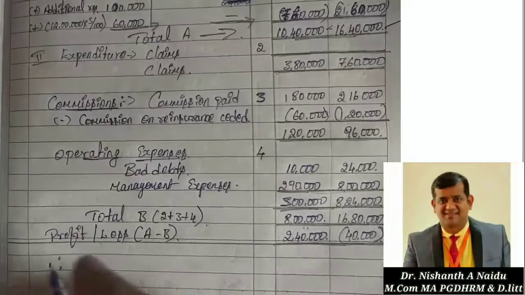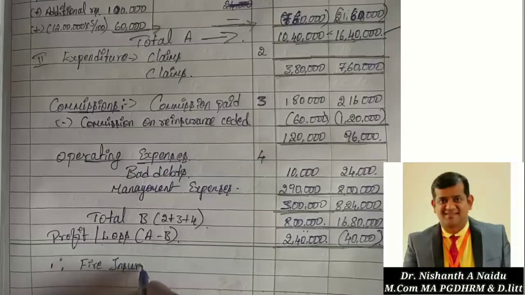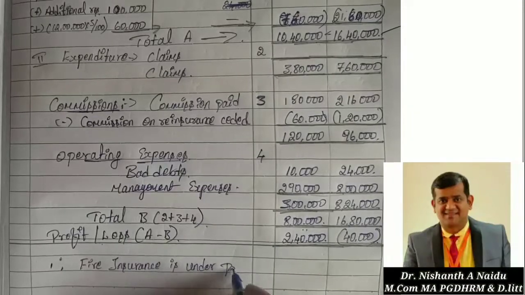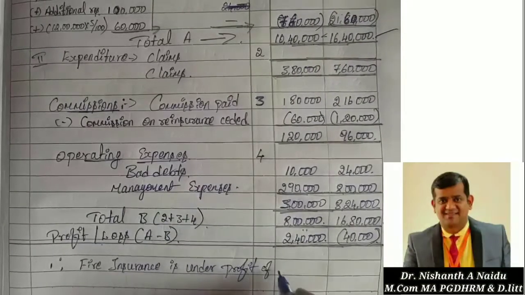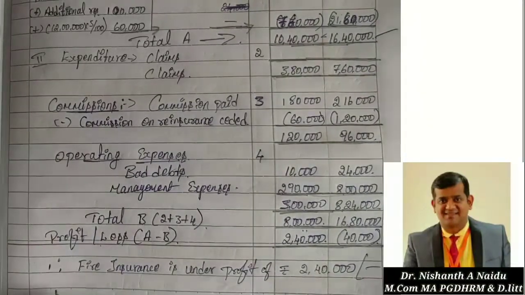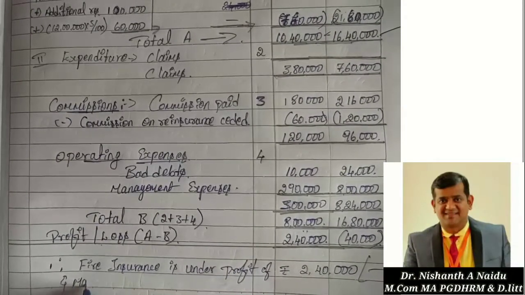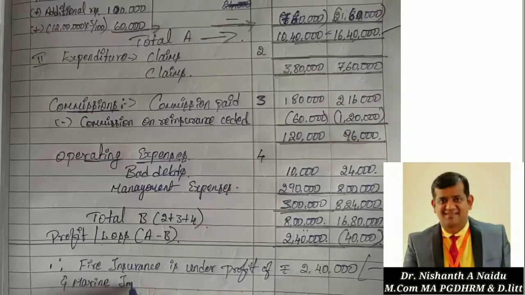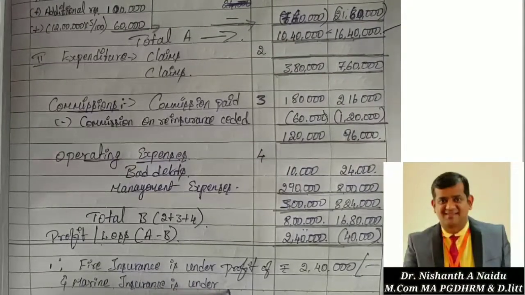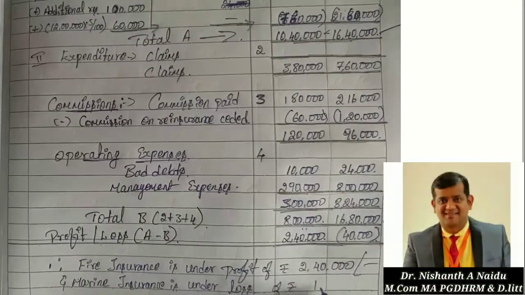Therefore, fire insurance is under profit of rupees 2,40,000 and marine insurance is under loss of rupees 40,000.